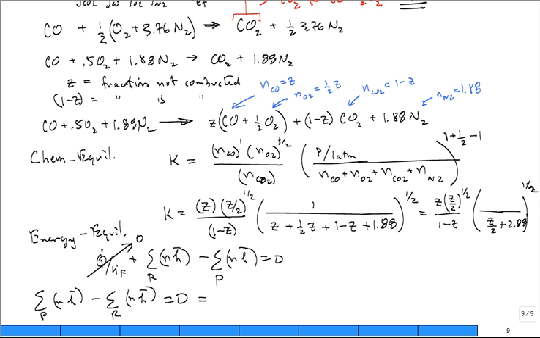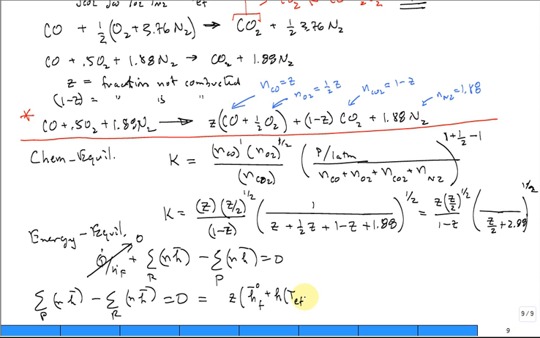We go back to our equation right here. Isn't this our reaction equation? True? And it's going to make now a long energy balance, but for the products. So we're going to have Z times enthalpy of formation plus the enthalpy at the equilibrium flame temperature minus the enthalpy at the reference temperature.